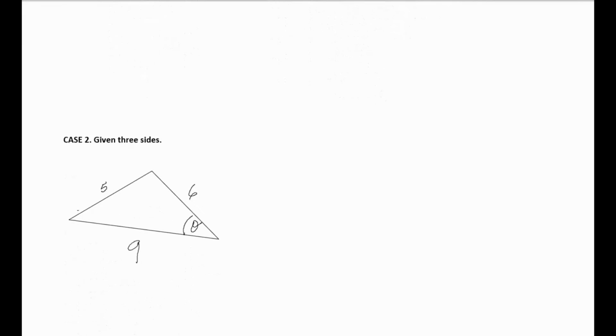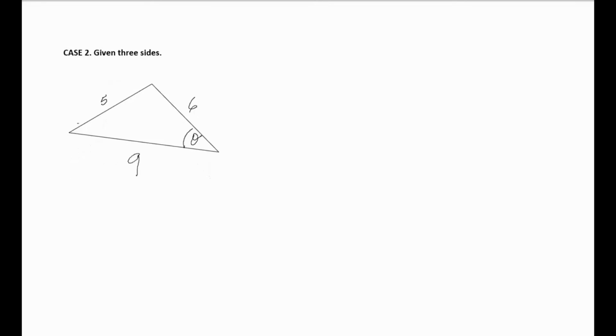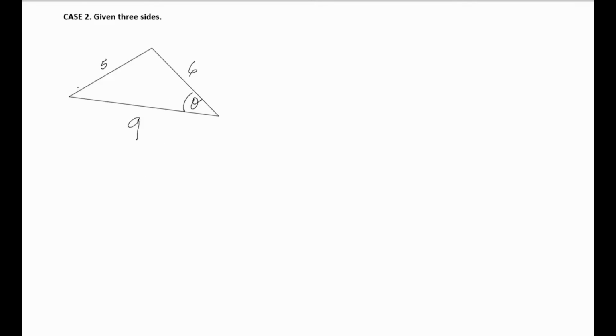Now we're going to look at the situation when we are given 3 sides in order to find an angle. And here we have the sides 5, 6, and 9. And we are asked to find angle theta. So we use the format that gives us the angle. We say the cosine of angle theta is equal to b squared plus c squared minus a squared over 2bc.